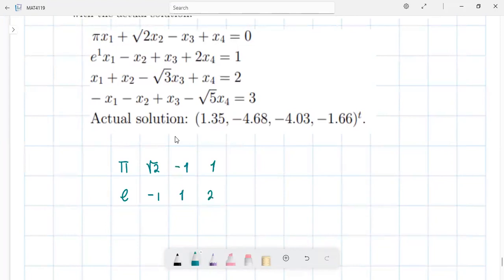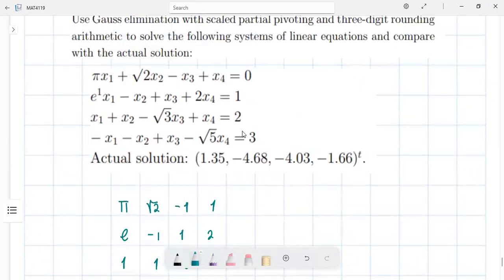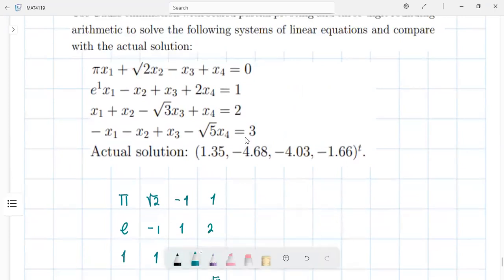The third equation gives 1, 1, -√3, 1. And the last equation gives -1, -1, 1, -5. Now we also have to include the constants: 0, 1, 2, 3.